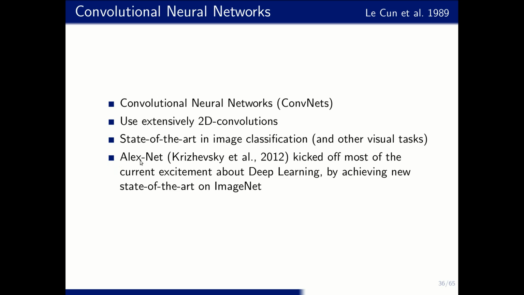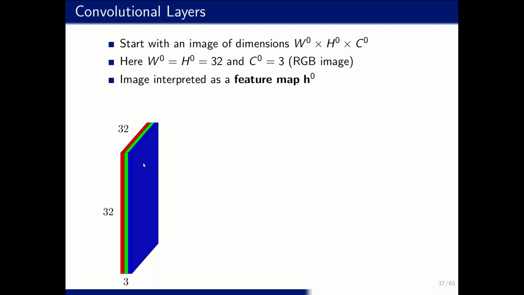So let's get started with the central component in convolutional neural networks, the convolutional layer. The basic principle in ConvNet is that we are working with feature maps. Feature maps have locality, and at each location we might have several features or channels. The feature map we're starting with is essentially just an image.